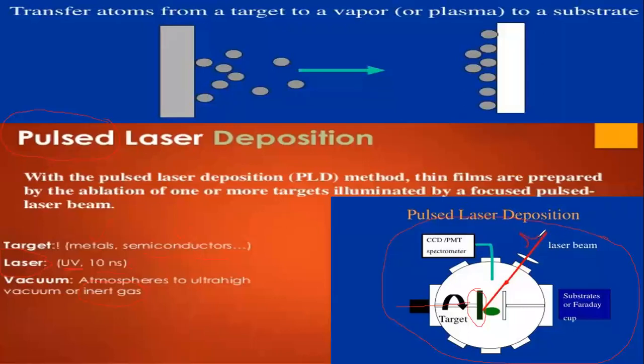And whenever the laser beam, which is the pulsed type, look here, this symbol indicates a pulsed laser. Okay, so whenever that pulsed laser beam enters from the diaphragm or window, at the same time the laser strikes or bombards the target, and at the same time some of the atoms of the targeted material get knocked out.